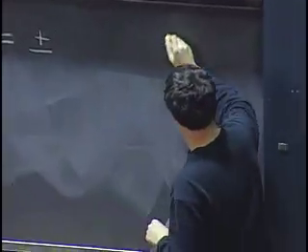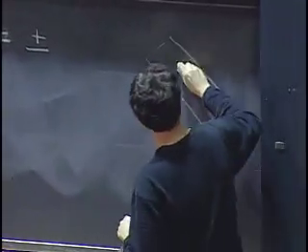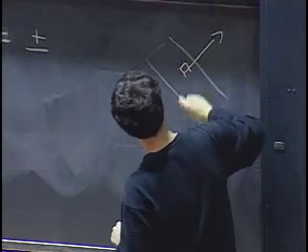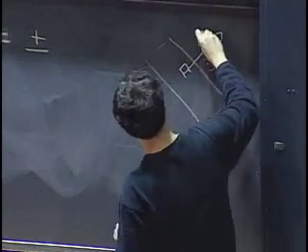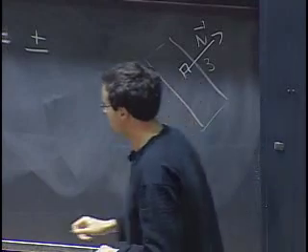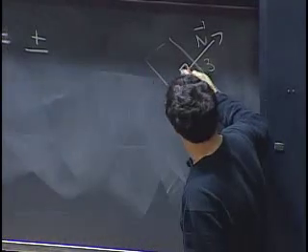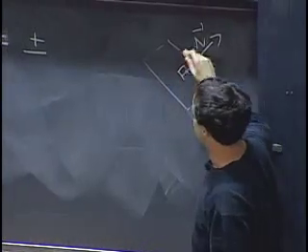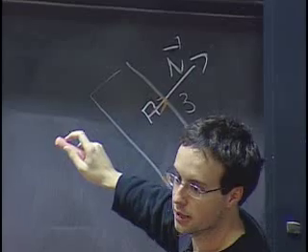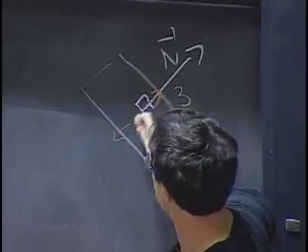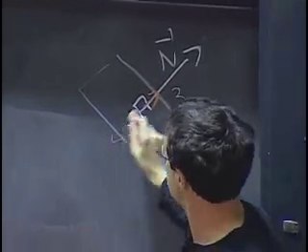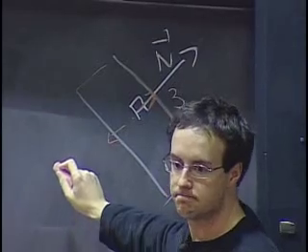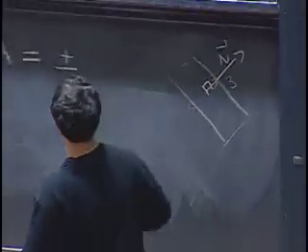Say, for example, my capital N has length 3. Then the unit normal vector might be this guy, in which case 3 times little n will be big N. Or it might be this one, in which case 3 times little n will be negative big N. But up to sign, it's N.